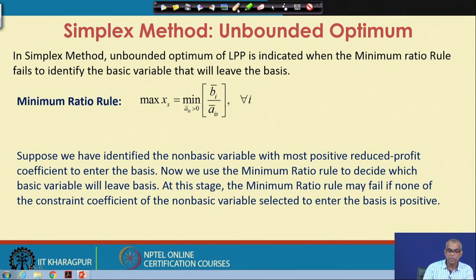So, to find out the minimum ratio, you evaluate bi bar divided by ais bar. What is ais bar?